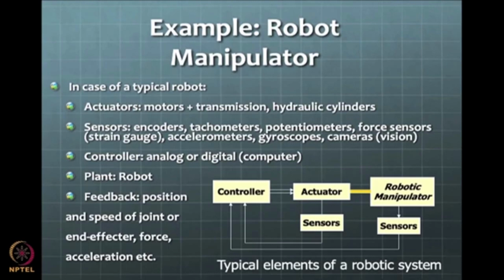Then the controller in a typical robotic system can be analog or digital. We'll see what is analog and digital. You know these terminologies, but when to use what, we'll have a look at later. Then the plant itself is the mechanical construction of the robot with different links and mechanisms.